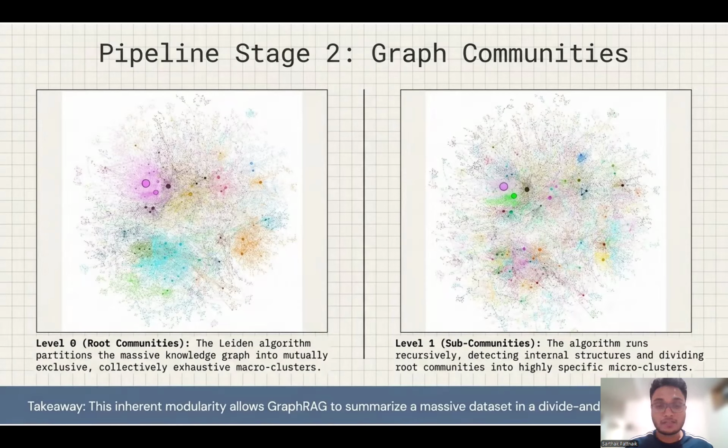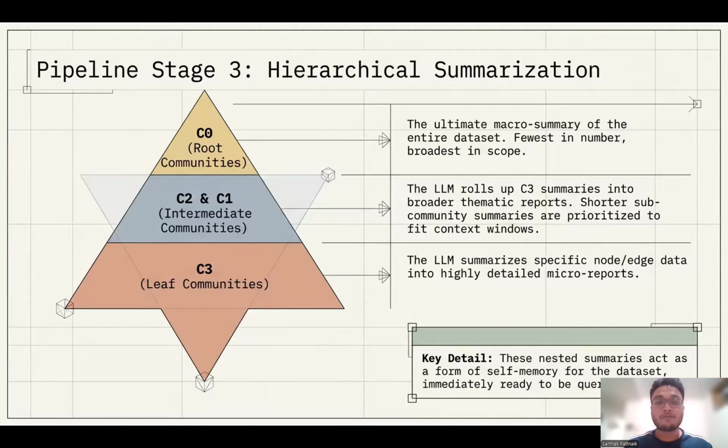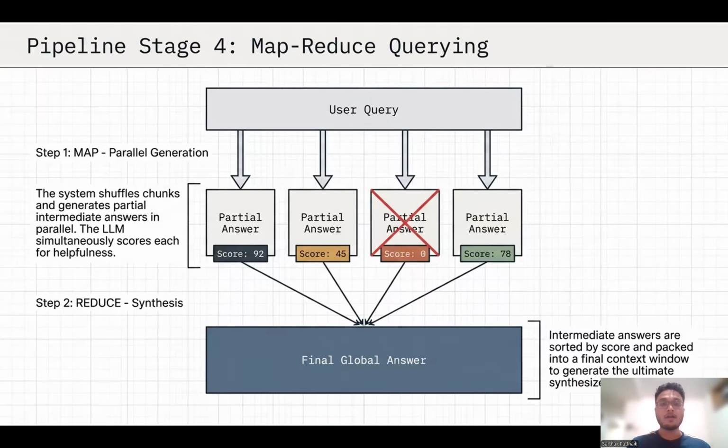The Leiden algorithm is a very common algorithm that we use to form knowledge graphs with macro clusters. And then, as I mentioned, we have hierarchical summaries. So on the lowest level, you will have leaf communities. One level up, we'll have intermediate communities. And then finally, we have the broadest generalization on top, which is at the root community.